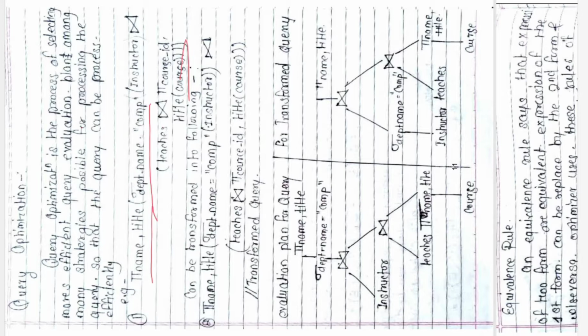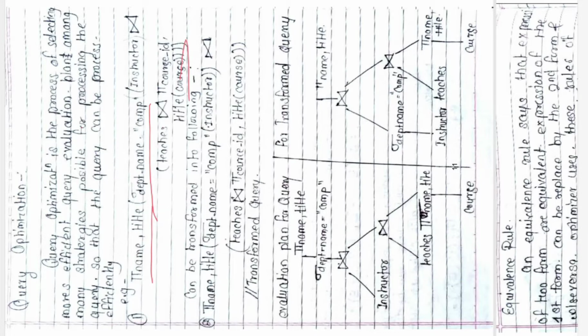If I want to frame it as an evaluation tree or query tree, it will be like this. Here you will have a very clear idea of what I am going to do. If I look at the evaluation plan of that particular query, it will look like this.